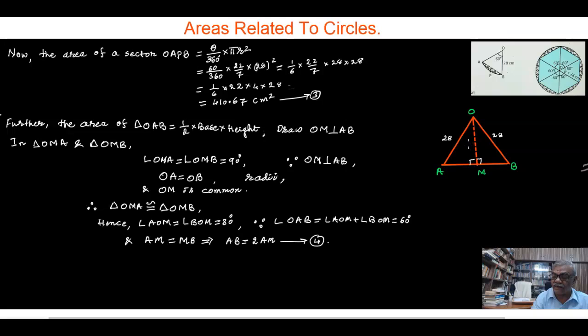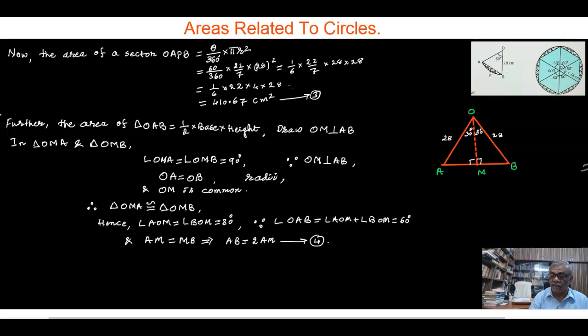Since AOB equals 60, each is 30 degree, because angle AOB equals AOM plus BOM, and both are equal, each being half of angle AOB.